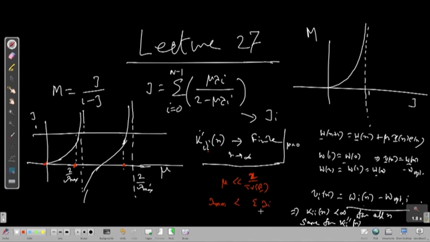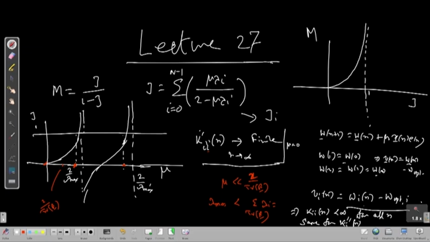All eigenvalues are positive, one of them is lambda max, the others are also positive, so the summation is the trace. So lambda max is less than trace R. So 2 by lambda max is greater than 2 by trace R. So 2 by lambda max, and 2 by trace R will be somewhere here. So if mu is less than this, we have seen already that M is finite.